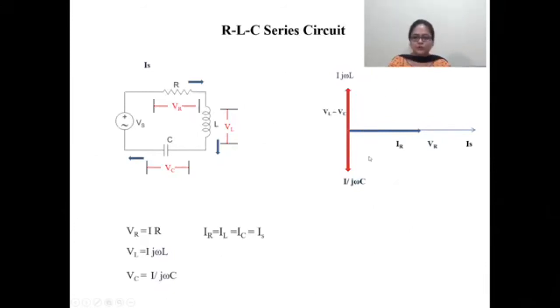So here what we are going to do is we are either writing down one phase in terms of VL minus VC or the other phase in terms of VC minus VL, and then we'll find out the resultant of any of the phase.